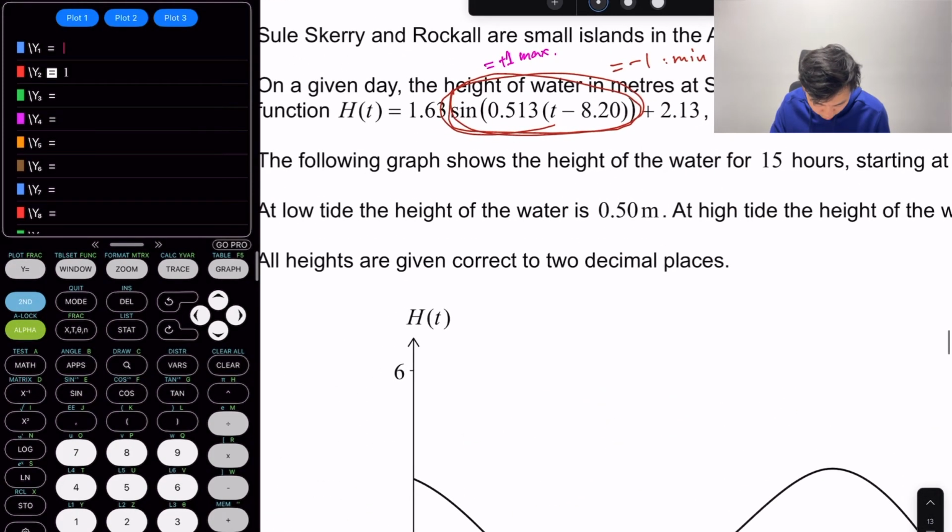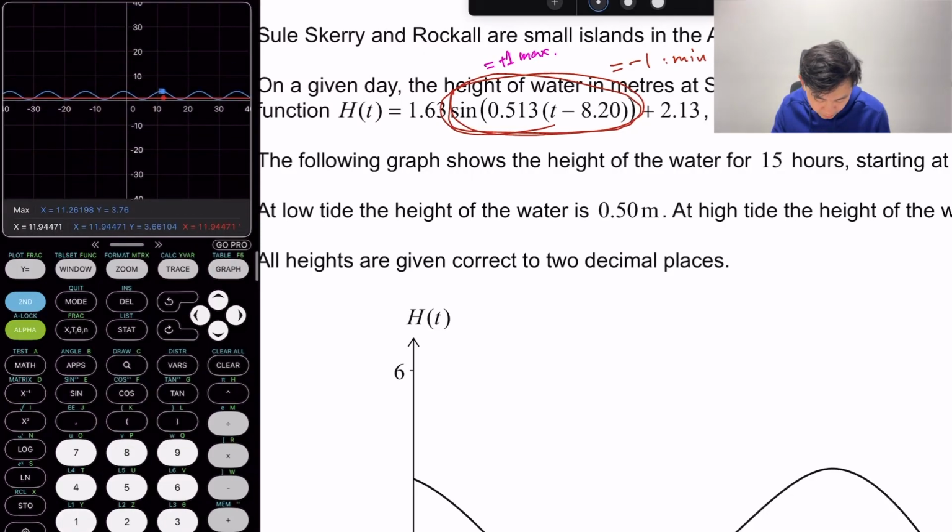What is our equation? It's 1.63 times the sine function of 0.513 and then open bracket, we use x in this case, alpha storage, and then minus the 8.2, close bracket, and then plus 2.13. And then the second one, we have to input the 1 there.